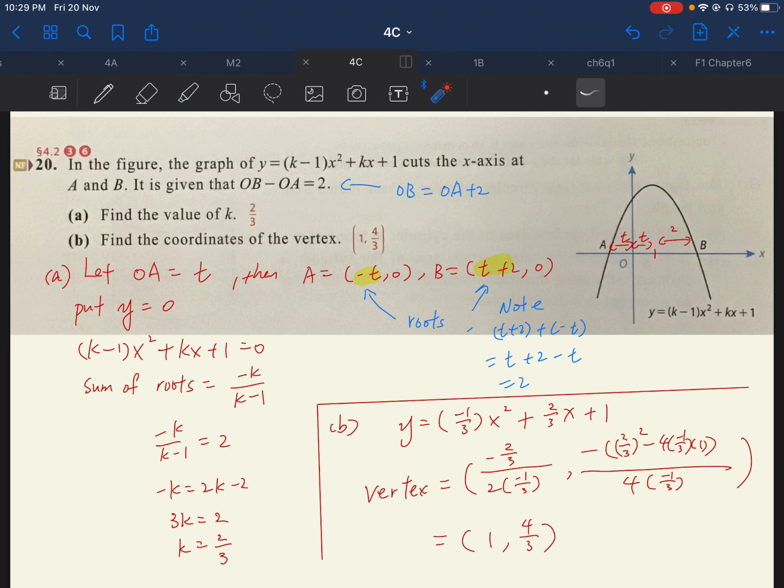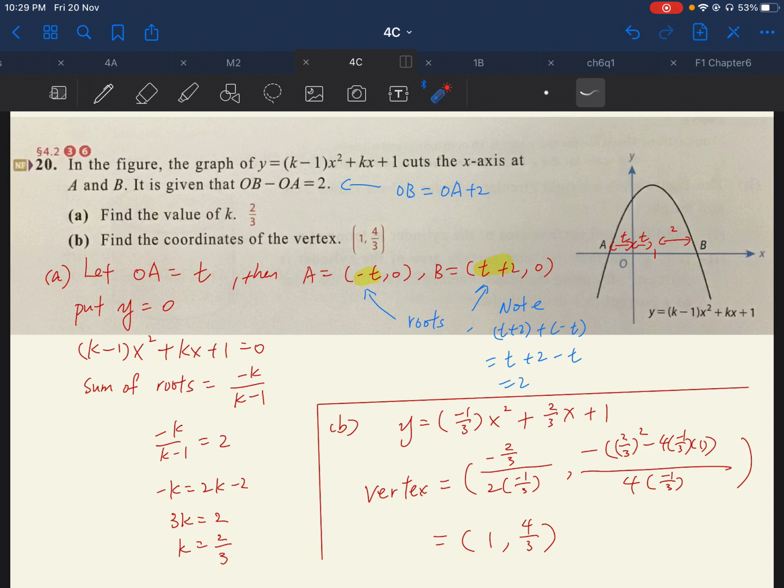Same idea. After here, I noticed that if I add them together, the t would cancel out. The t disappears and I get a number. Now, if I can draw some relationship between this number and k here, then I can find k.